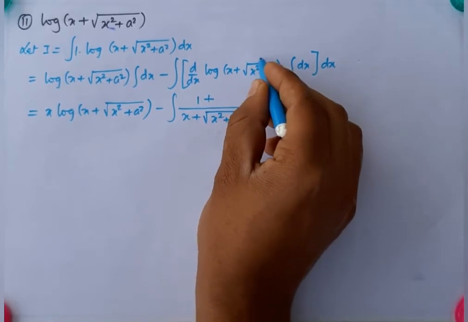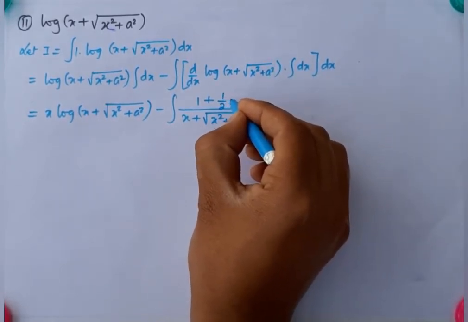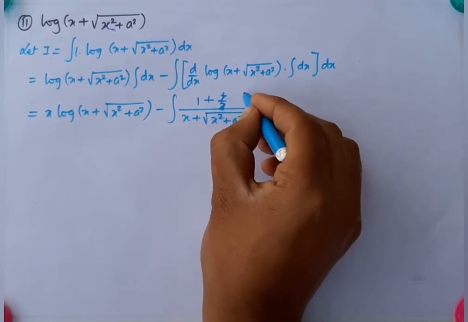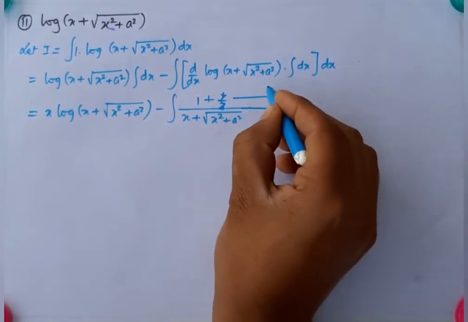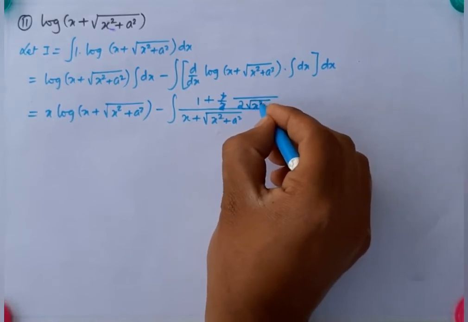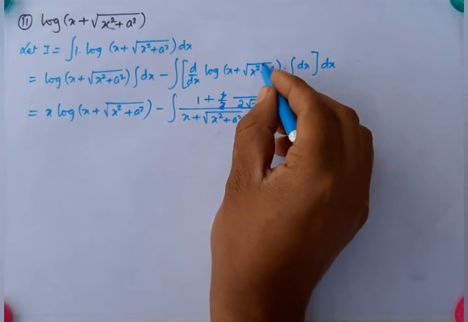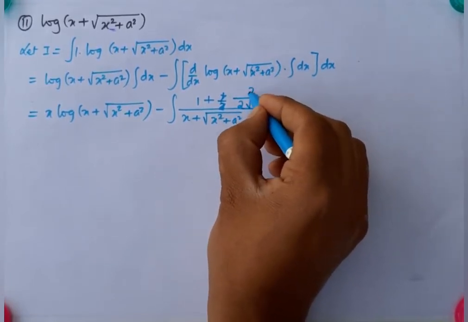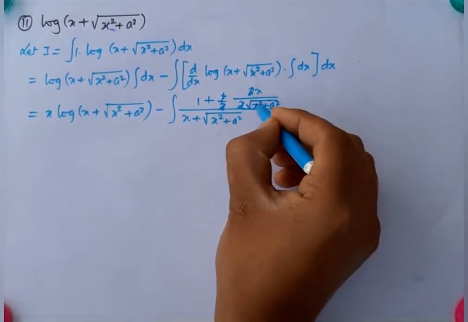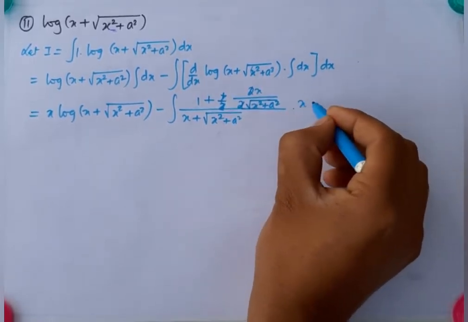Now the differentiation of the square root will be half. Okay, so let me directly write it. So this will in fact be 2 square root of x square plus a square. Now the chain rule says we need to differentiate this also, so this becomes 2x only. So 2 and 2 get cancelled, into the integral of dx, which will be x.